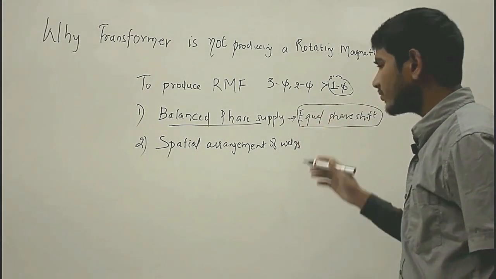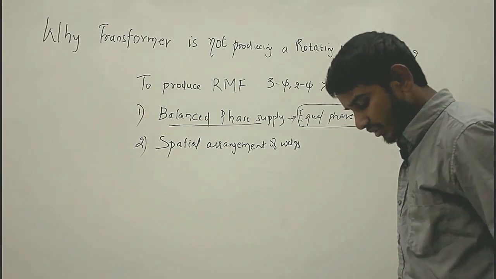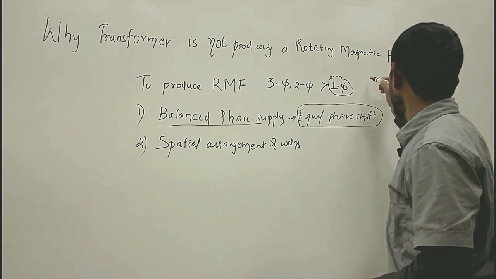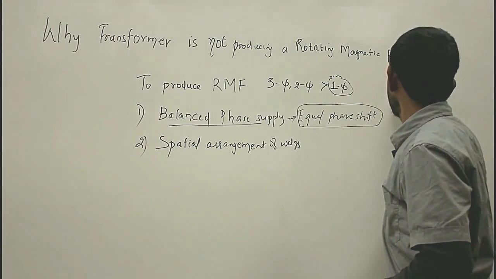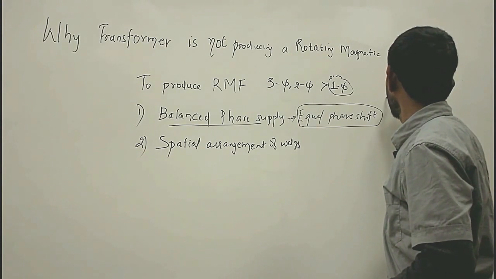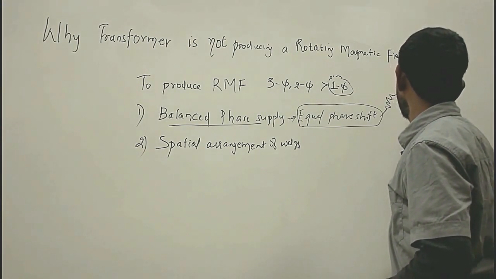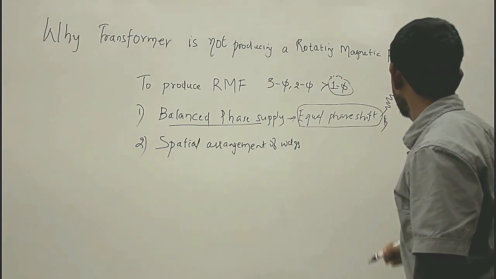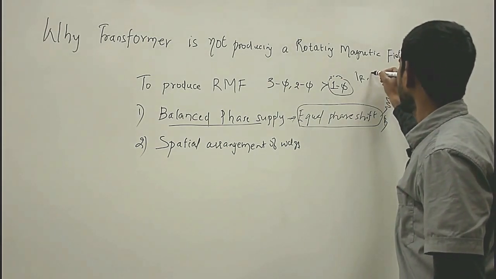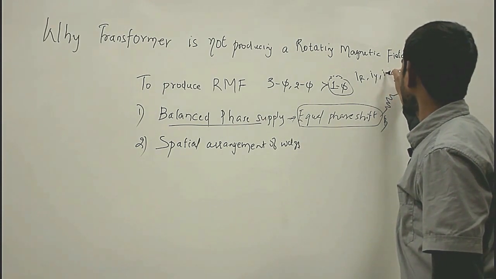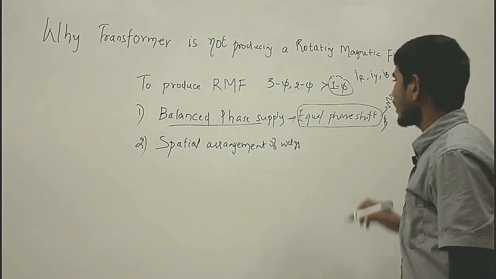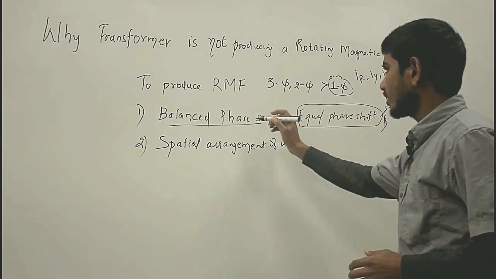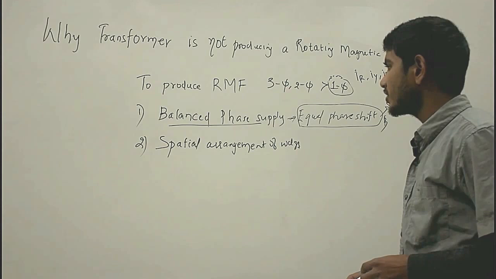Now if there is no equal phase shift among the currents, if I say this is R, Y and B, and if IR, IY and IB, if they are not having equal phase shift among them, then they won't be said as balanced phase supply.